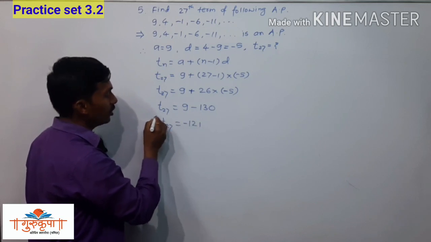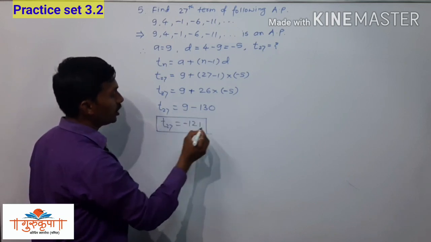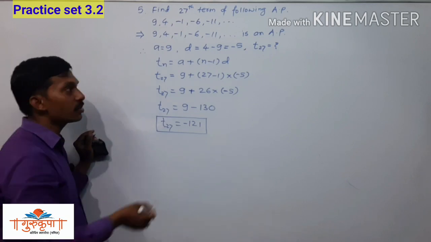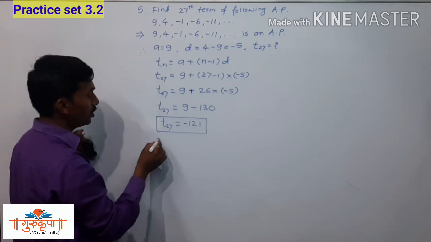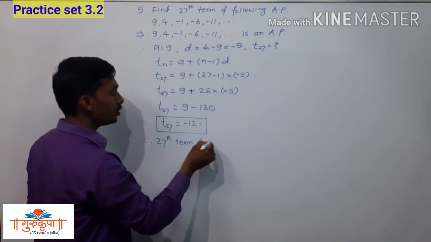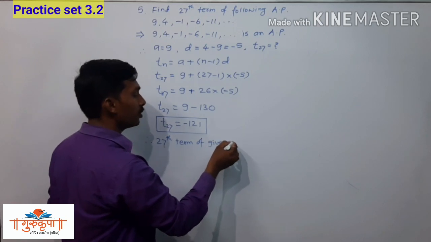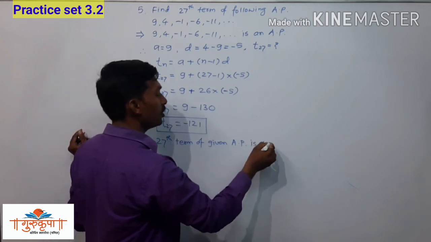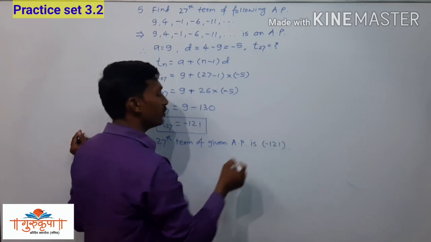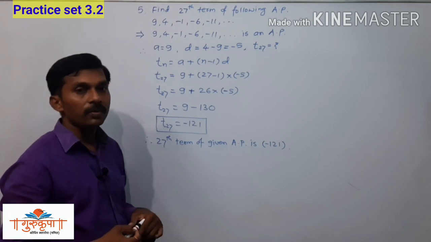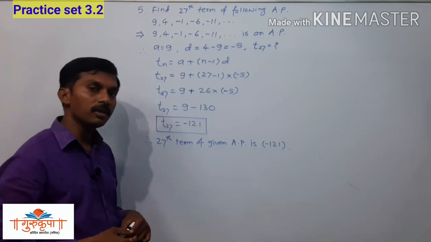So the 27th term of that AP is -121. You can write the answer in words: the 27th term of the given AP is -121. So this is all about example number 5. Now we will take the next example.